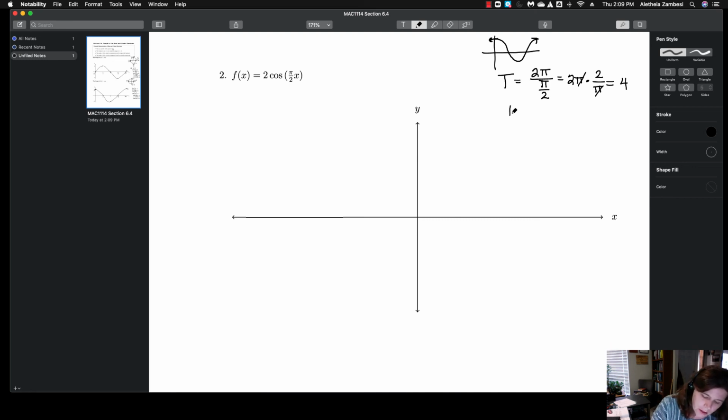So our marks in our primary period are whatever our period is divided by 4. So 4 divided by 4 gives me 1 for our marks in our primary period. Now, our amplitude is equal to 2. So I'm going to number that.